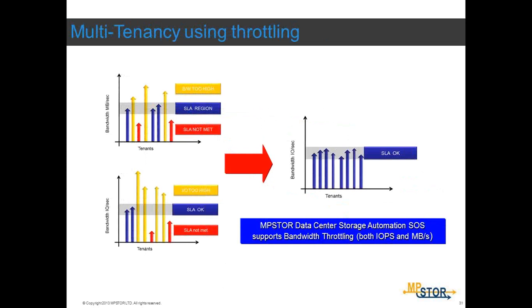I've just added this slide in here because I think it's an important point to note that in data centers, multi-tenancy is a very important issue. So when you're trying to offer storage to a user who's prepared to pay for a certain SLA, you don't want some tenants to get too much bandwidth or too little bandwidth.